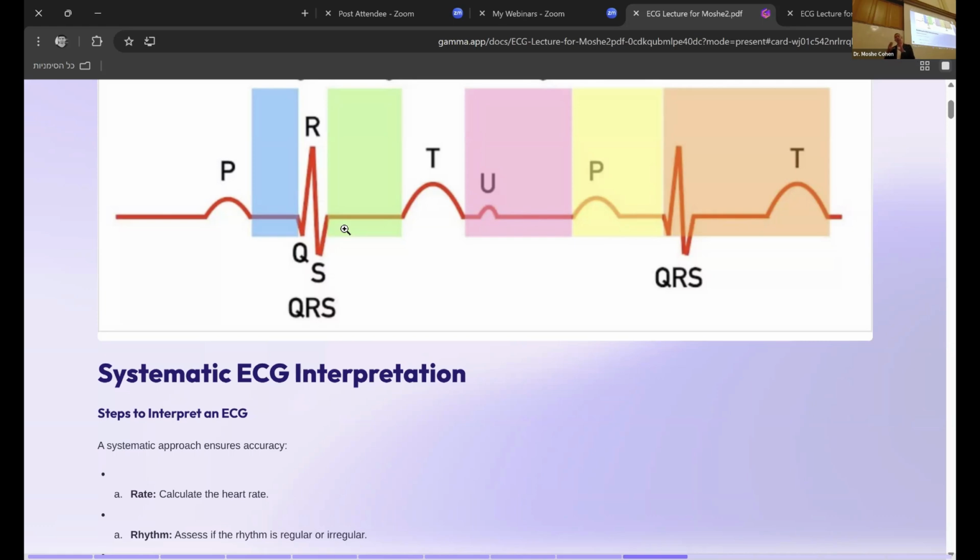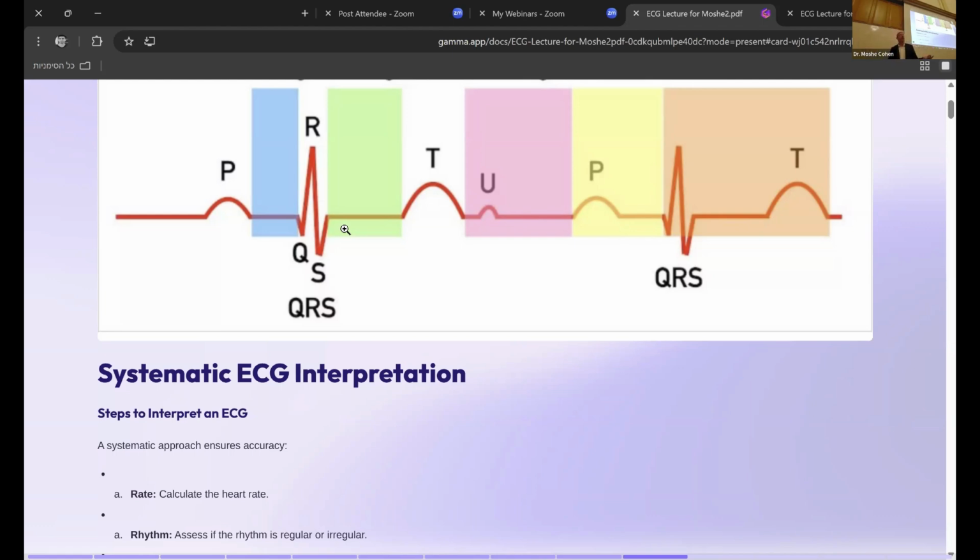So if you give the shock within the first minute of ventricular fibrillation, you have more than 90% success rate. If you come after 5 minutes, you have 50% success rate. So it's very important to diagnose quickly and to treat very quickly. The most important things that we diagnose with an ECG are ischemia and arrhythmia.